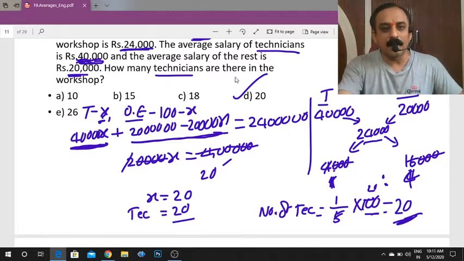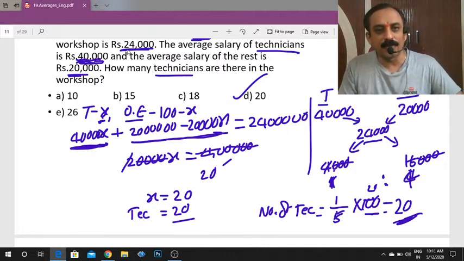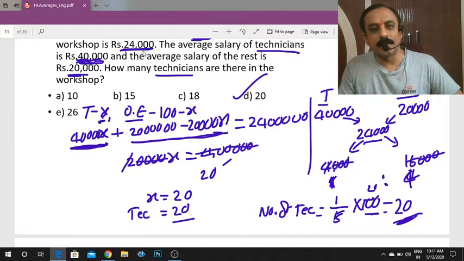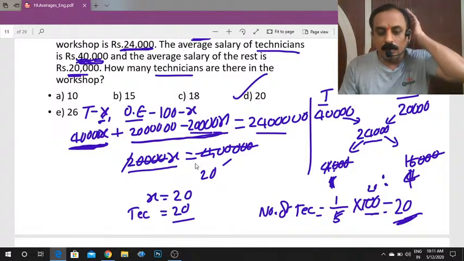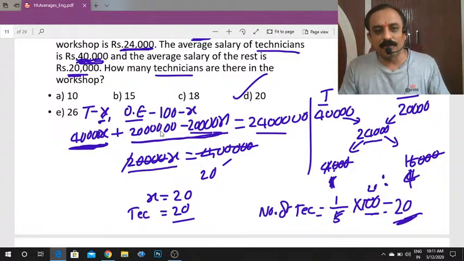The average salary is 24,000 rupees, so the total is 100 into 24,000, that is 24 lakh. Now 40,000x minus 20,000x is 20,000x. Send 20 lakh from left to right: 24 lakh minus 20 lakh is 4 lakh. So simplifying, the value of x is 20.